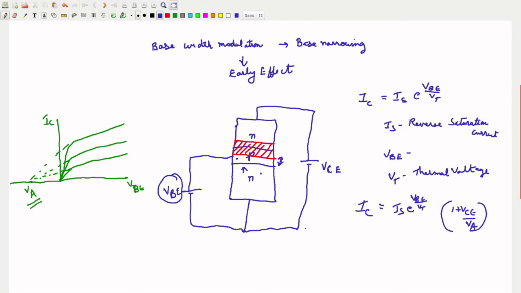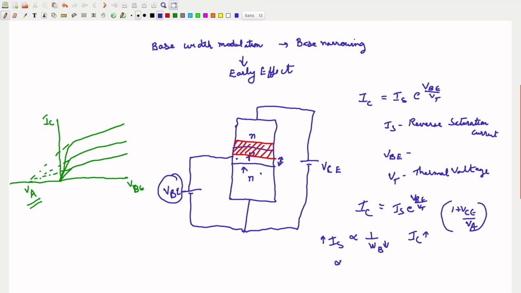As you all know, the reverse saturation current IS is inversely proportional to the base width. So if the base width decreases, the reverse saturation current increases, which in turn means IC increases.